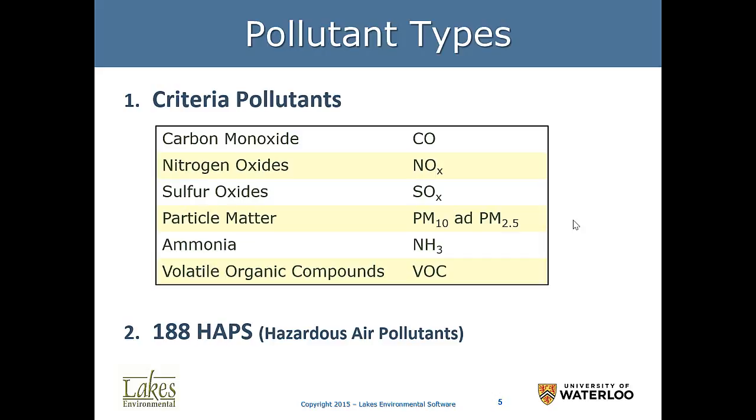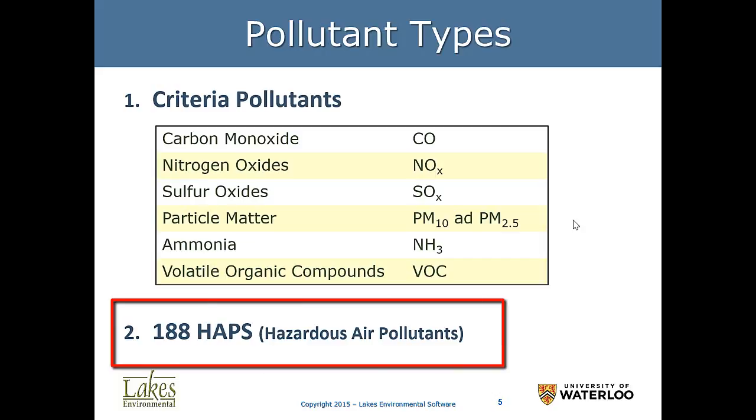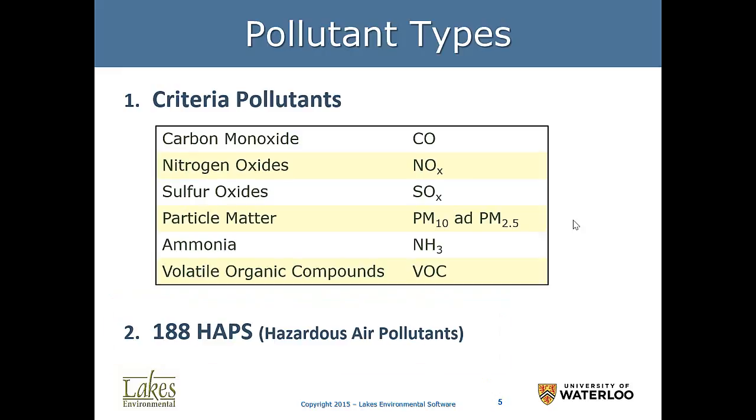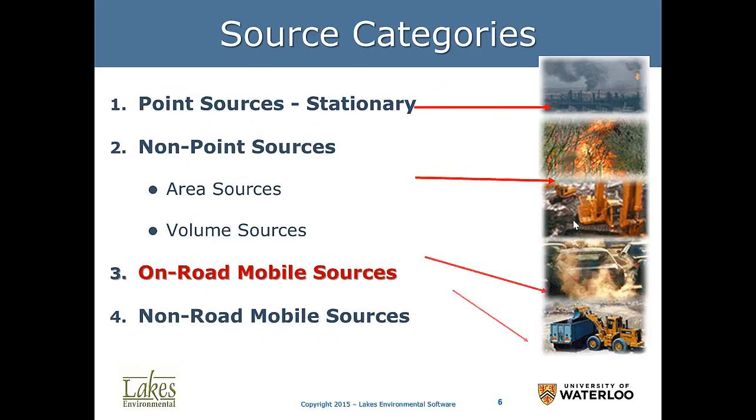However, there is a common list also from the US EPA of 188 hazardous air pollutants. We can also do emissions inventory on thousands of chemicals, but this is the most common way of executing emissions inventory.